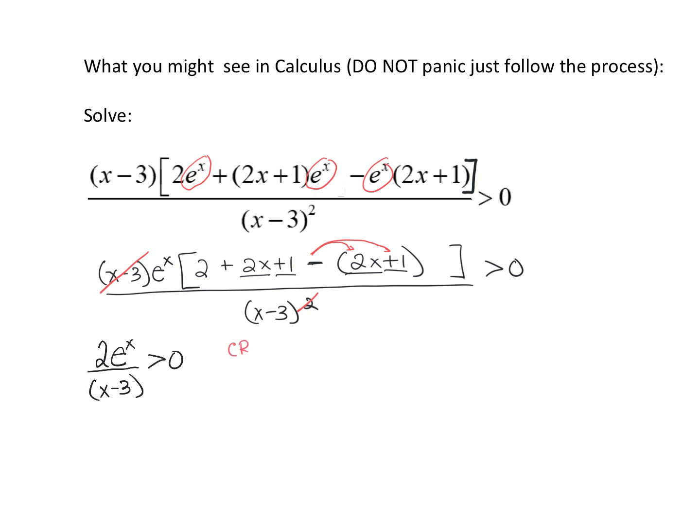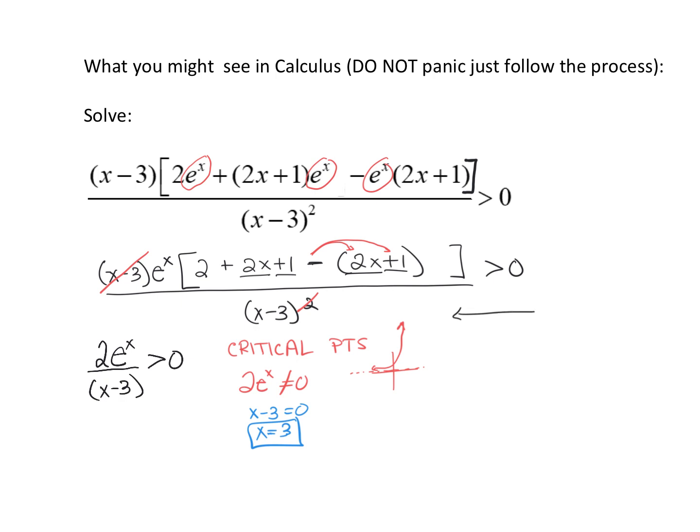So now I'm going to find my critical points. And our critical points in this case would come from the numerator when 2e to the x was 0. But that's never going to happen. We know the shape of that graph looks like this, and it has this asymptote at 0. Or x minus 3 is 0, so we only get one critical point, x equals 3.